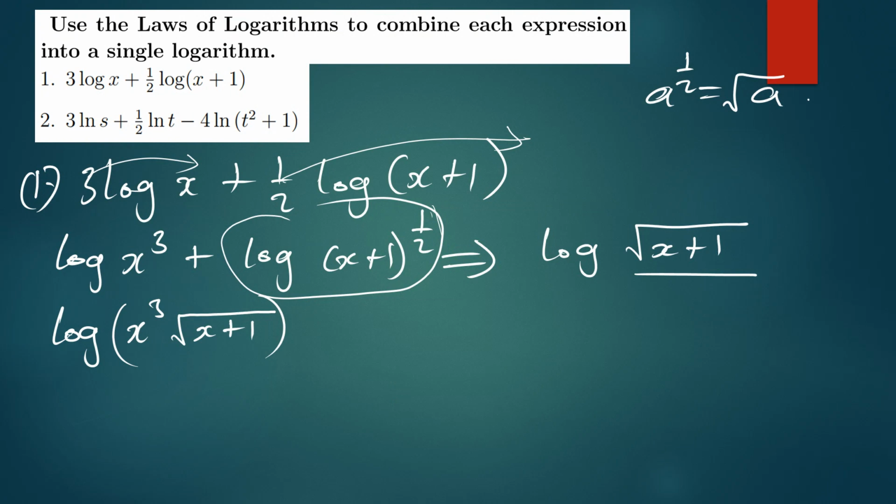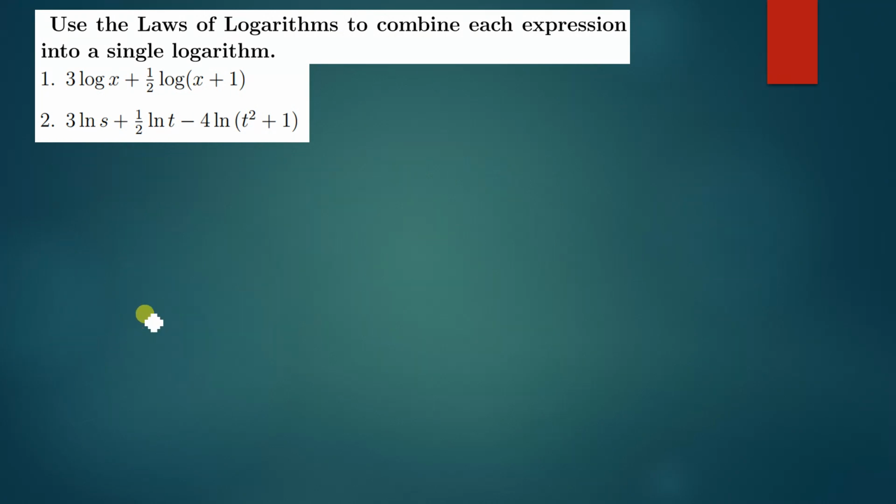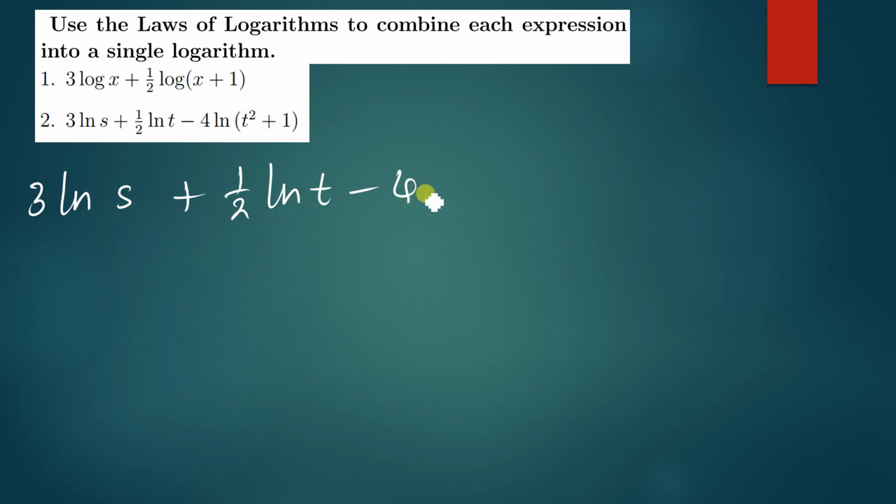Let's quickly move on to the second part of the question. These are very simple questions, like I said. So we have 3 ln s plus half ln t minus 4 ln (t squared plus 1).